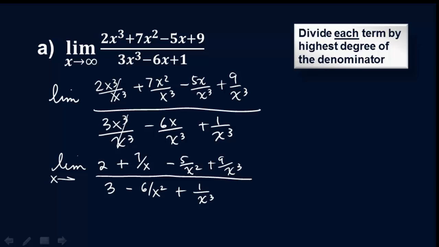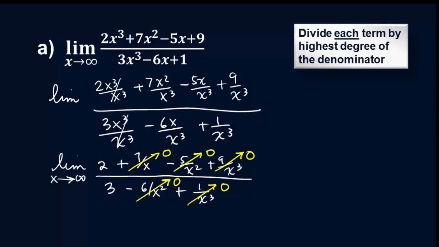And we take the limit as x goes to infinity. And remember, it's just a matter of remembering that the limit of 1 over x to a power, as long as that is positive, is 0. So all of these go to 0. This goes to 0. That goes to 0. Okay.